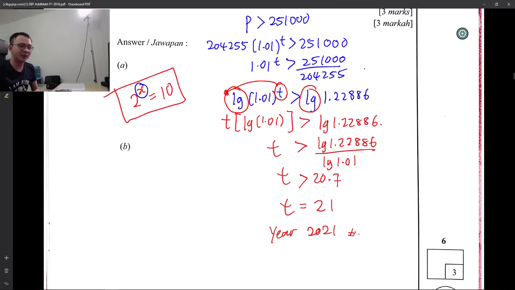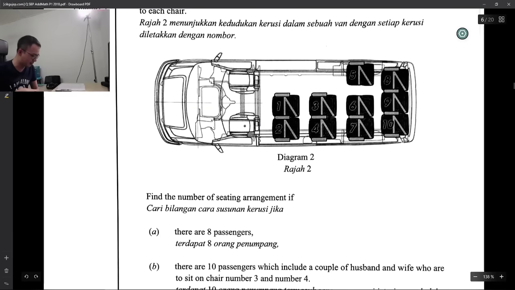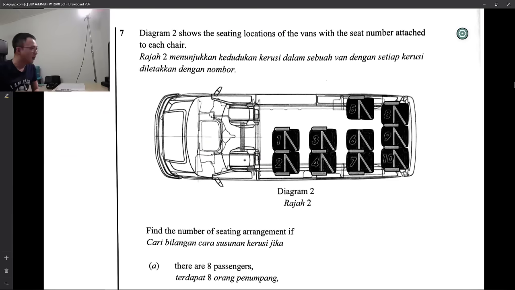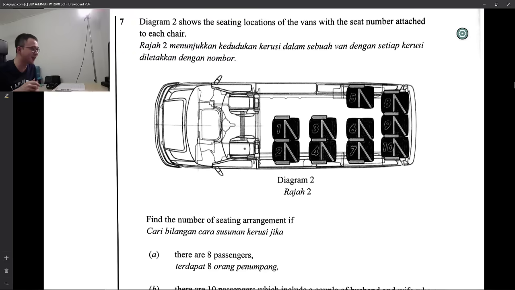Okay, so let's move on to number 7, permutation. Diagram 2 shows the seating location of the van with a seat number attached to each chair. You can see the chairs, which are 1, 2, 3, 4 and so on. Just in case you cannot see, this is 1, 2, 3, 4, 5, 6, 7, 8, 9, 10.